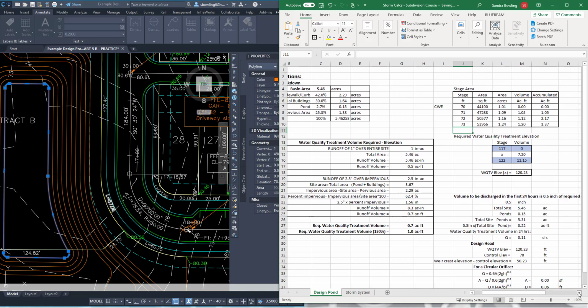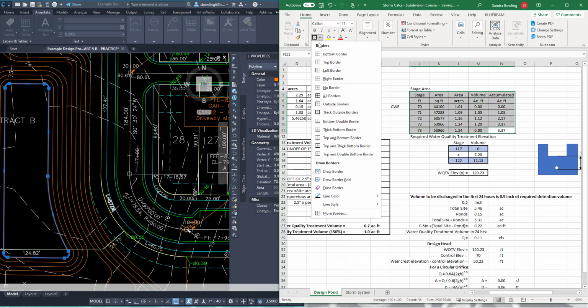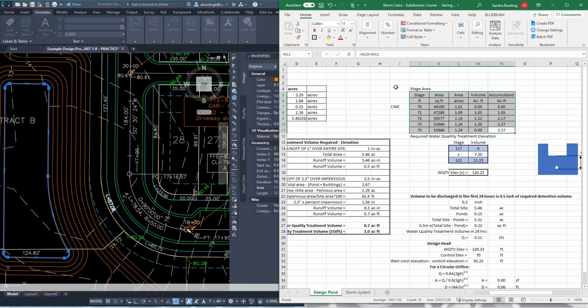And then I'm going to go ahead and add one more. Control copy, control paste. I'm also a little OCD about my spreadsheets looking nice as I go along, and the reason I do that is because I end up having to submit them to the reviewing agencies.